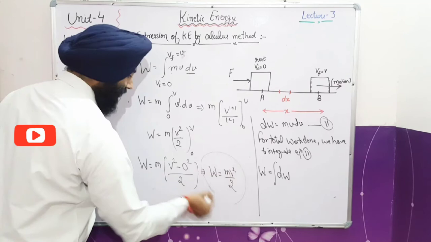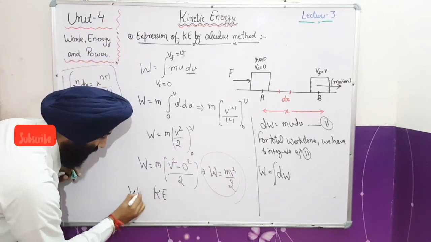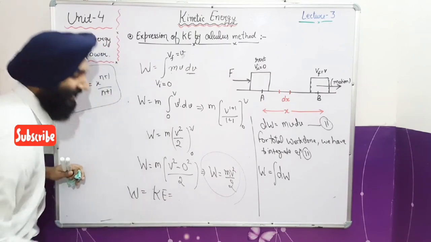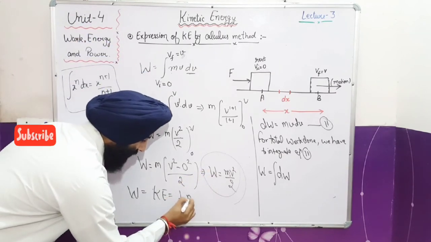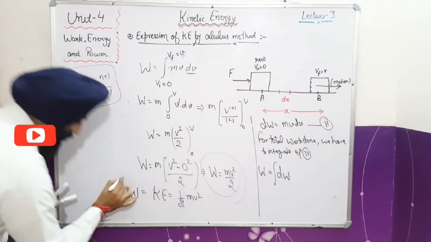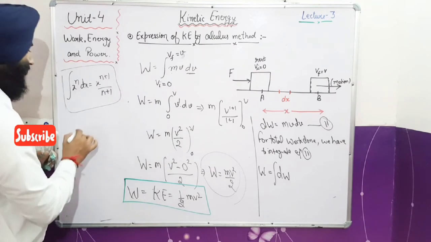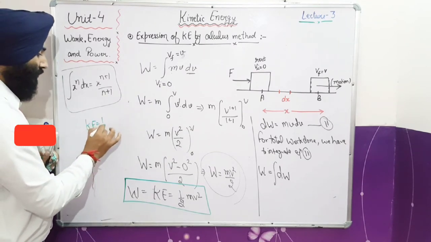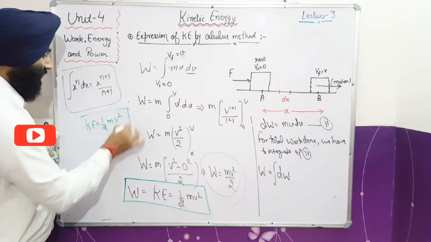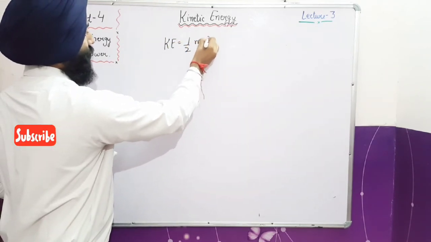Fine, and this work done is converted into the value of kinetic energy, and the formula becomes half mv square. So by this calculus method I deduced the expression for kinetic energy, and the final expression for kinetic energy is half mv square.